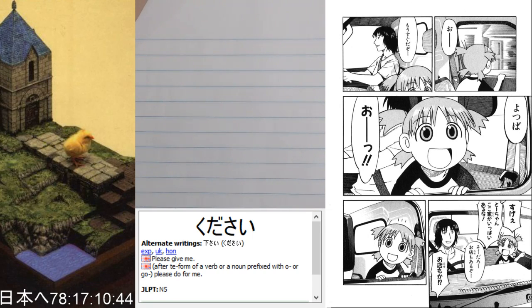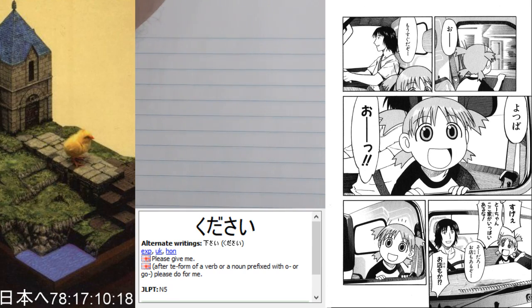A lot of times in manga, they'll make up gibberish, nonsense usage of hiragana or katakana that is not technically pronounceable.